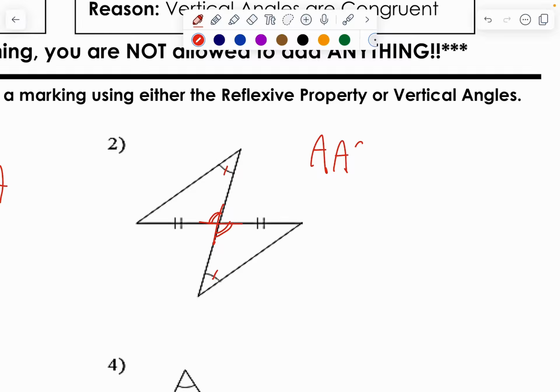But that does fit angle, angle, side. And is that one of the ways to show that two triangles are congruent? Yes, it is. So that means, yes, they're congruent. And it fits the angle, angle, side theorem.